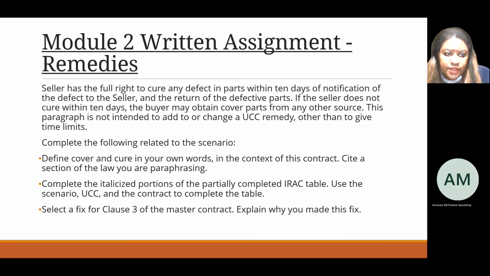The next thing is complete the italicized portions of the partially completed IRAC table. Use the scenario, the UCC, and the contract to complete the IRAC table. So once again, you're completing an IRAC table. And then select a way that you can fix clause 3 of the contract to provide more clarity.